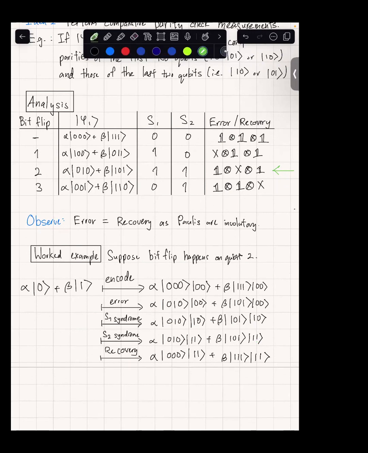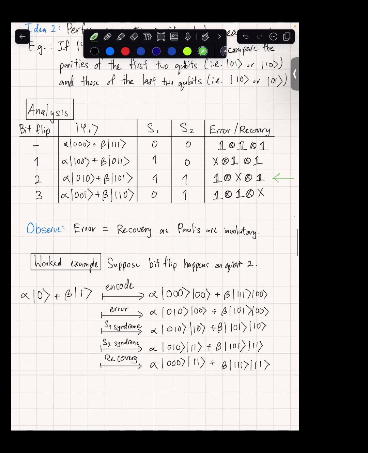So lastly, based on the result of the syndrome measurements, we will perform a recovery. And in this case, since the syndromes are 1 and 1, that means that an error happened on the second qubit. And so we should flip the second qubit back to get the original qubit. And that is shown here in this table. So to be more precise, we would perform identity tensored with the X gate tensored with identity to flip the second qubit back to normal.